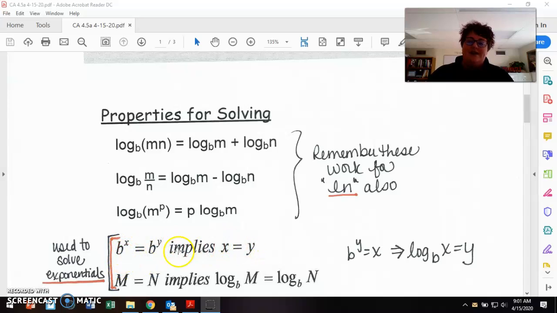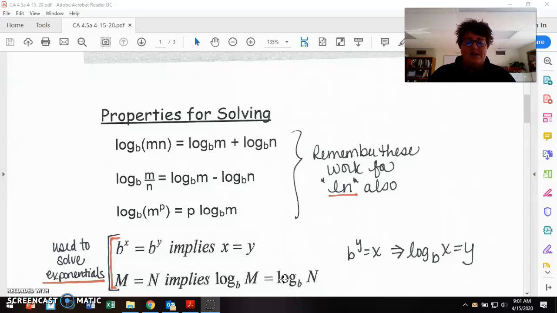If you cannot do that, there's actually 2 other ways depending on what form you're given. The way that will work every time is the second one right here. If you have an exponential, you can take the log of both sides and solve.